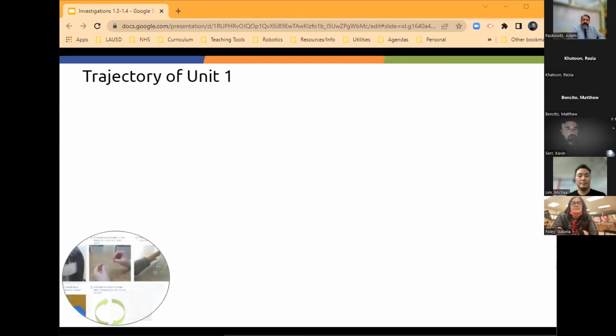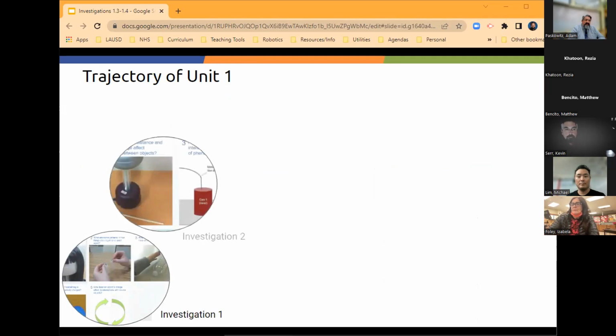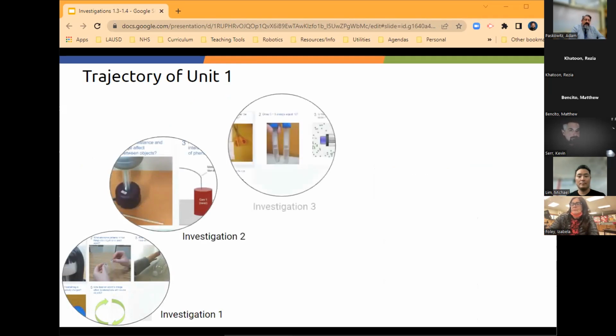Now, here's Unit 1. So we are in investigation 3 right now. We started out learning about interactions between positively and negatively charged objects and between similarly charged objects. And then we looked at how these objects have fields around them and how the fields are more powerful the closer you are to the object.